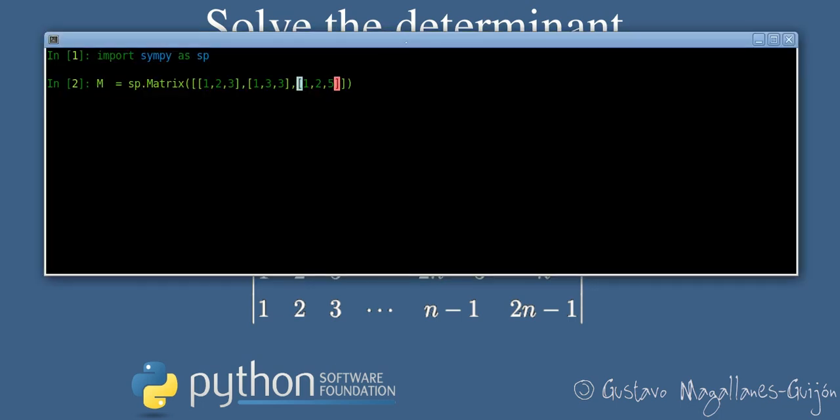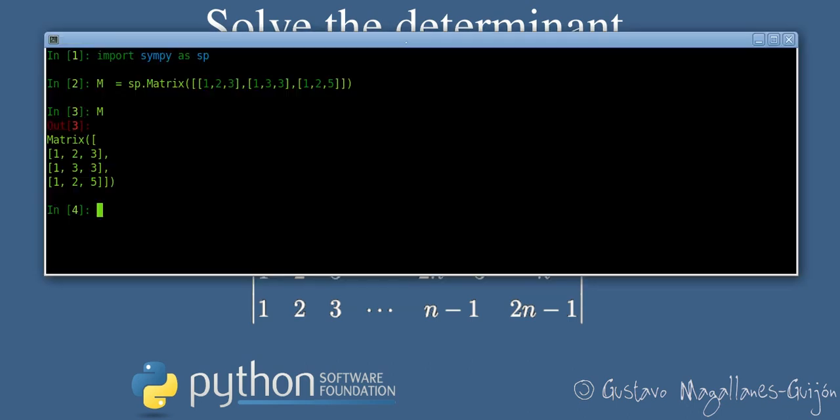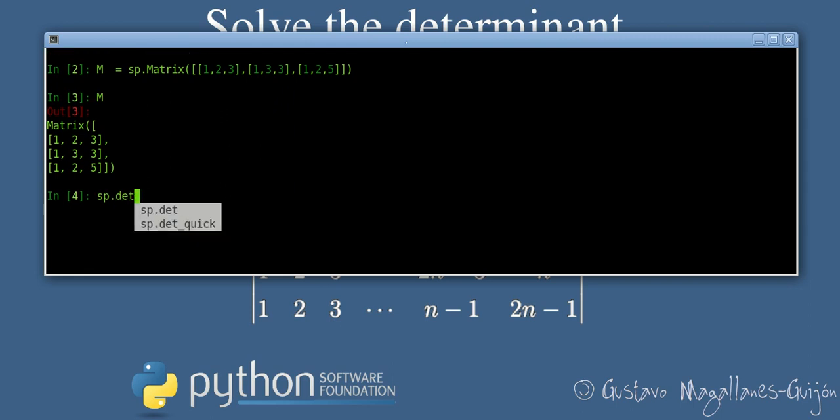Okay, the determinant is sp.det of m. The result is 2.